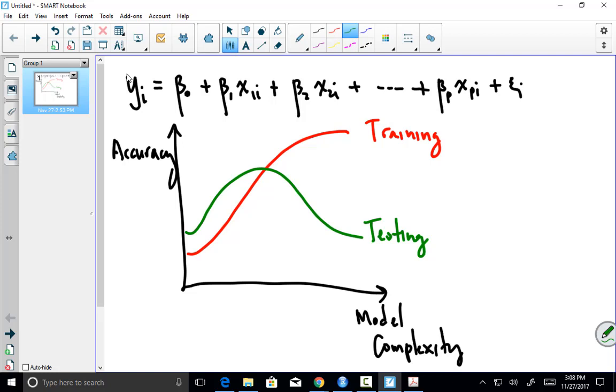We also saw a picture kind of like this in the slides, where model complexity was on the horizontal axis, and then interpretability was on the vertical axis. So the more complex a model is, the less interpretable it is.